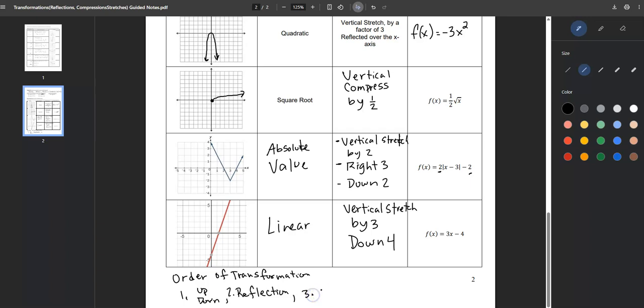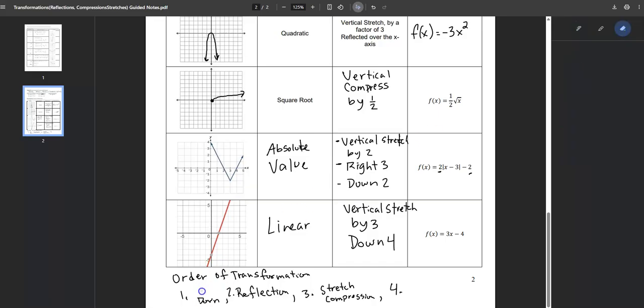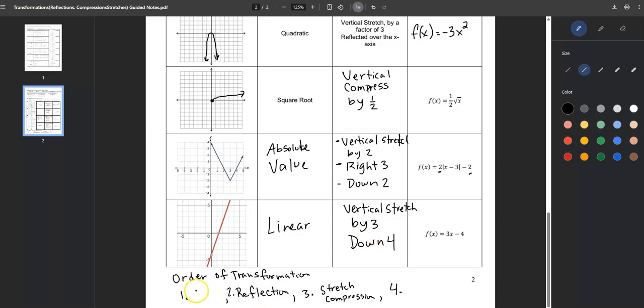And then the third thing is going to be any stretches or compressions. And then the fourth and final thing is, oh guys, my bad. Sorry about this. This should be left, right, not up, down. You guys are probably thinking like, what the heck? This again is left, right. My bad. So again, the first thing is left, right, then reflections, then stretch compression, and then up and down.